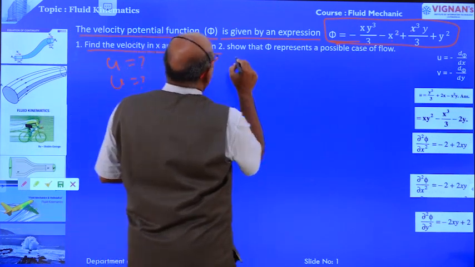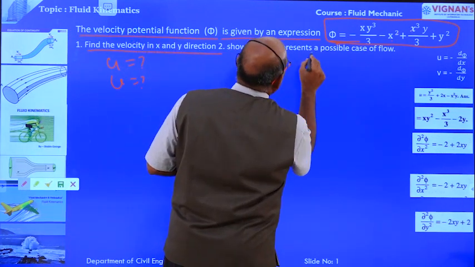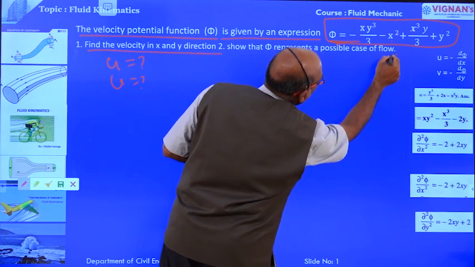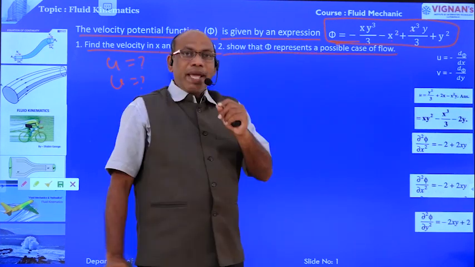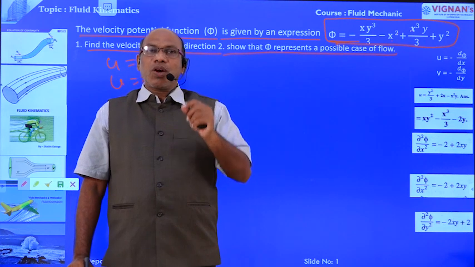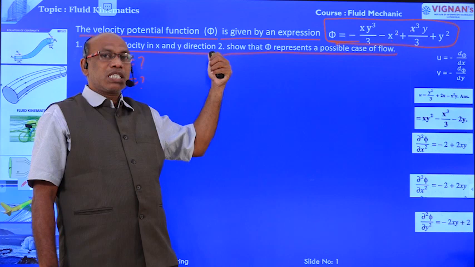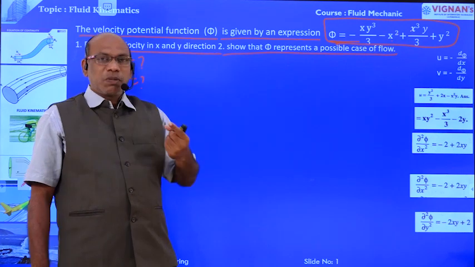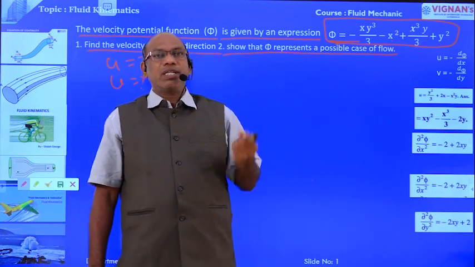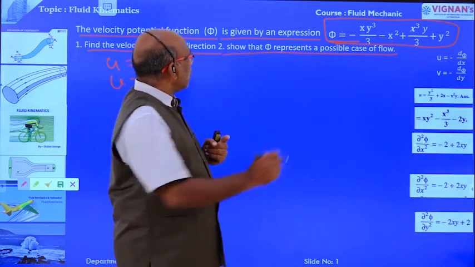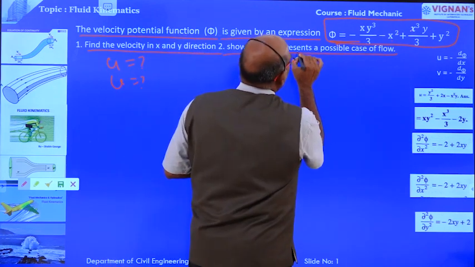And the second question: show that phi represents a possible case of flow. Phi represents a possible case of flow means this velocity potential value satisfies the Laplace equation, then the flow is a possible case of flow.